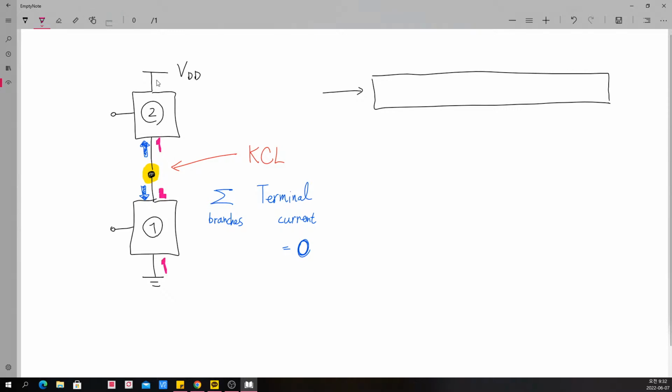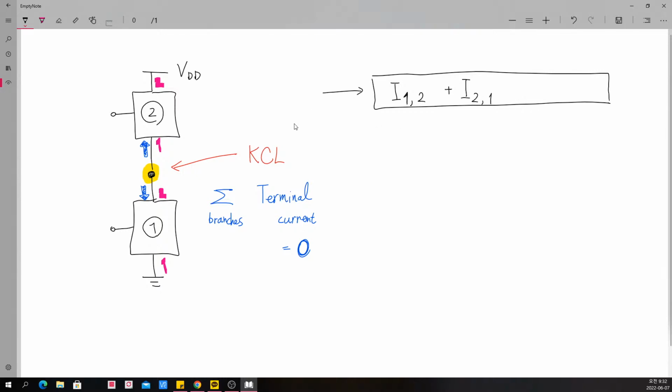What you have to introduce as a KCL is just I of your first element and its second terminal current, plus I of the second element and its first terminal current.